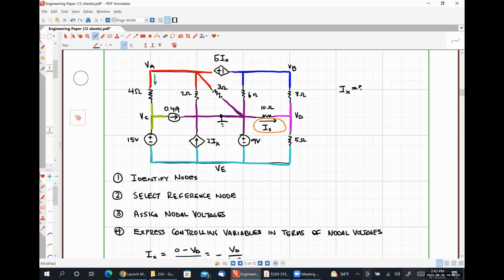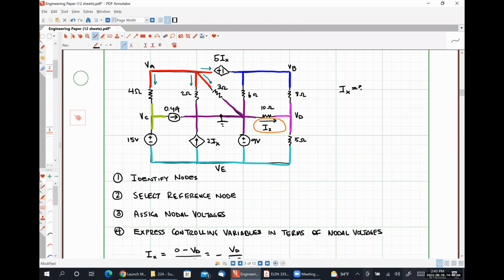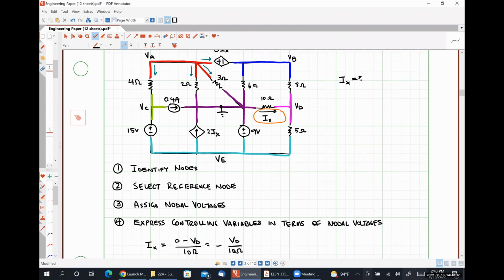So we have this current flowing down that's leaving node A, this current flowing down that's leaving node A, this current flowing diagonally to the right that's leaving node A, and this current flowing to the right through our dependent source that's leaving node A. So let's start with our current flowing down through our 4 ohm resistor. That's going to be VA minus VC over 4 ohms.